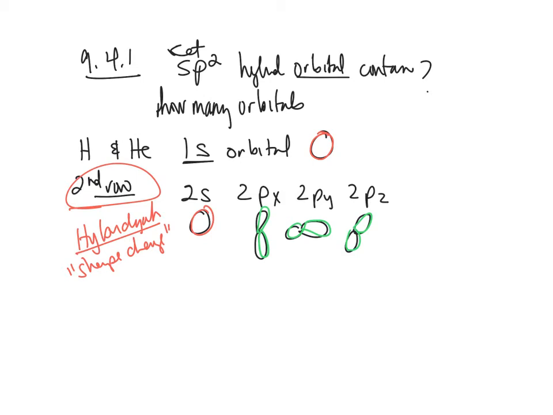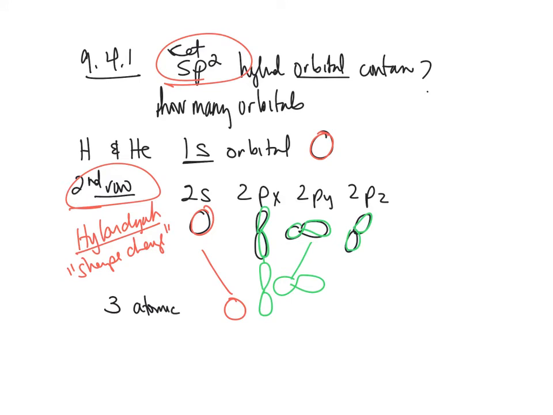with hybridization, in the second row, since you have all these S's and P's, you can change the shape. And so a set of sp2 combines one S and two P's. So let's combine that P and that P. And so we are combining 3 atomic orbitals. So we have 1, 2, 3.